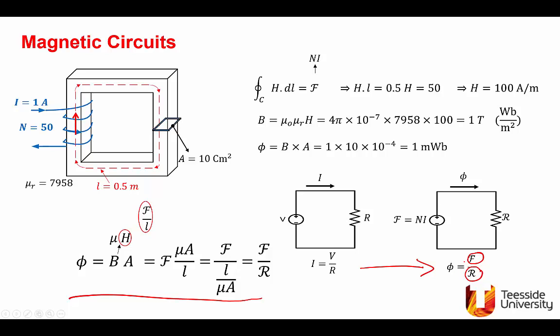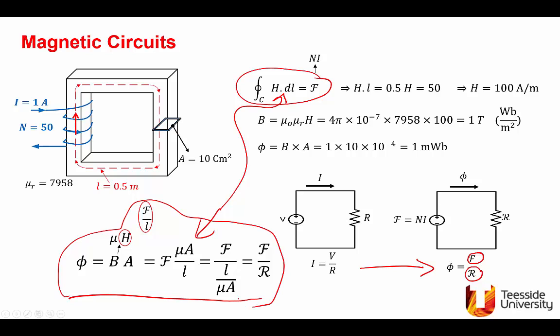This will enable us to treat magnetic circuits in the same way we treat electric circuits. But where did I get this from? I actually got this from Ampere's circuit law. So the Ampere circuit law formulation and the magnetic circuit concept are the same thing. It's a mathematical manipulation.